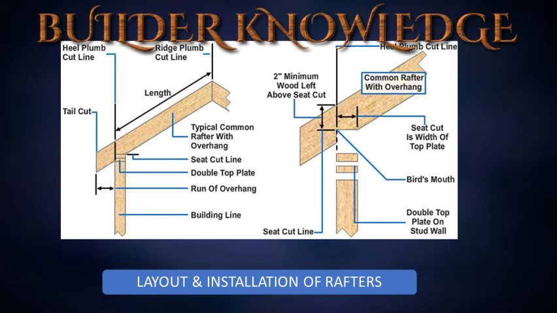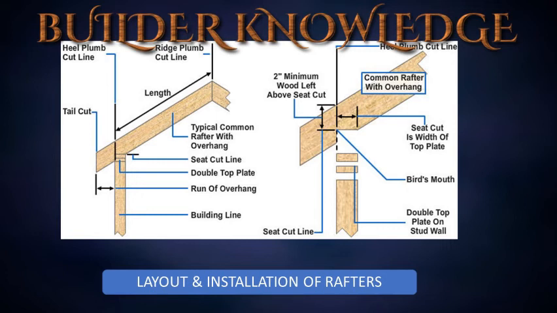Mark the heel plumb cut line. Measure the total length of the rafter from the ridge plumb line and make a mark. Place the tongue of the square along this mark and draw the heel plumb cut line. Mark the seat cut line. Slide the square to the left and draw a line along the edge of the blade.